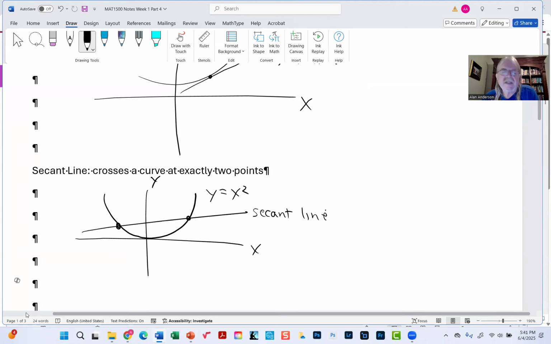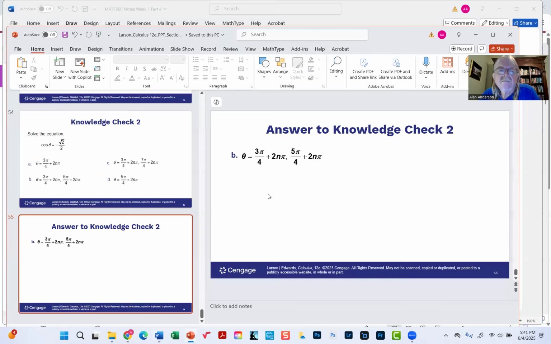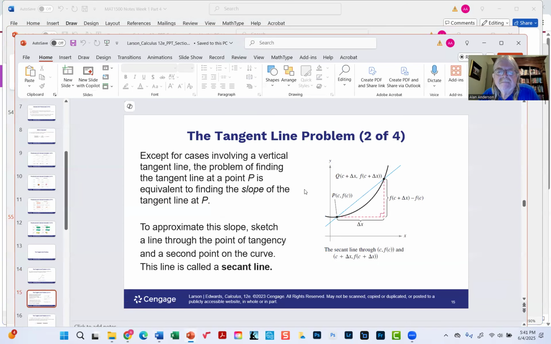That depends on the application. So we need to be able to find both a secant line and a tangent line. Here it is. They're just explaining to us, you can see here that this blue line is a secant line because it crosses the curve twice.